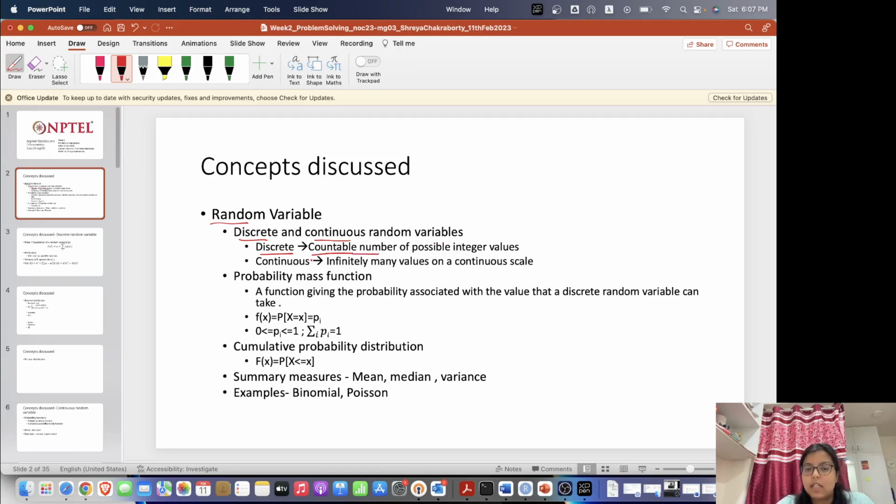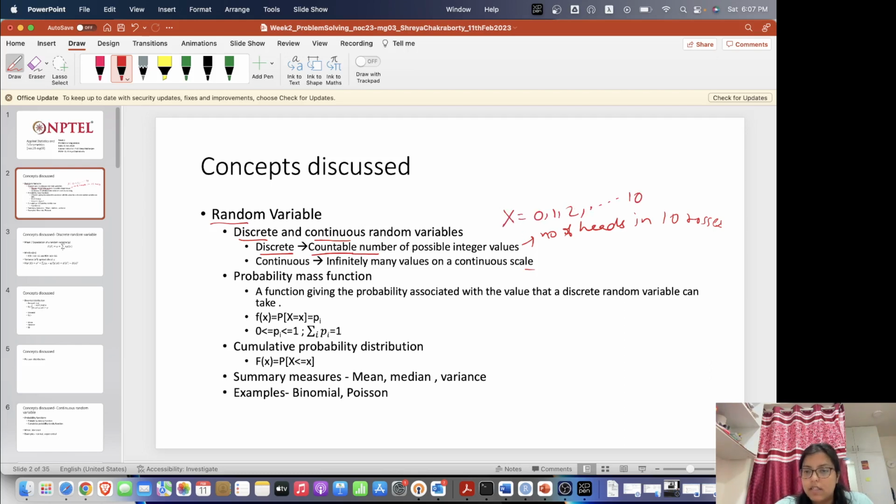If it's continuous, the variable can take on infinitely many values on a continuous scale. As an example, the number of heads in 10 tosses can take finitely many values like 0, 1, 2 up to 10. This could be the values of x.